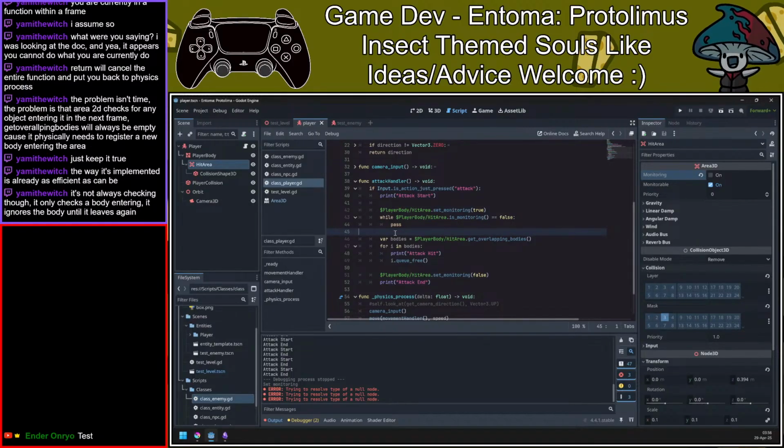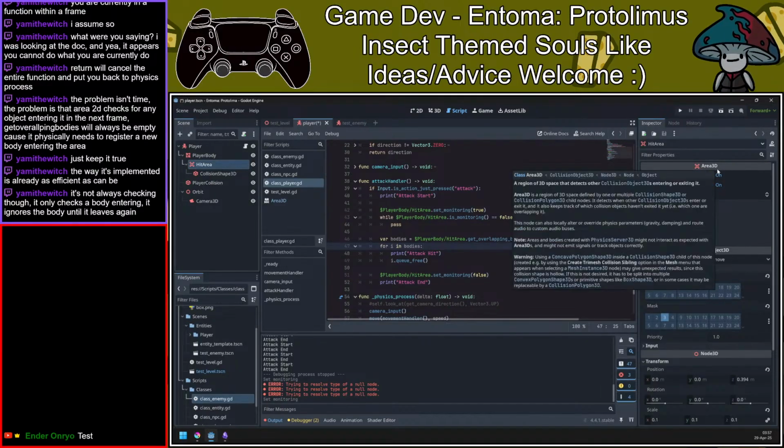It's not always checking, though. It only checks a body entering. It ignores the body until it leaves. But it's constantly checking. What I mean is it's checking every single frame to see if a new body has entered it. Unless I'm just misunderstanding how this works on the back end.